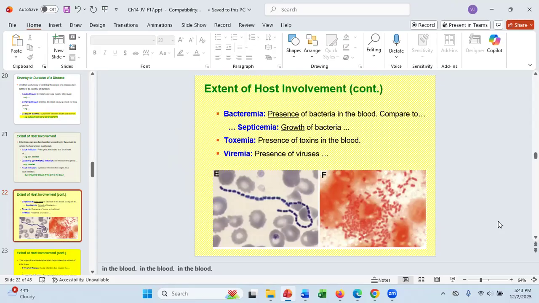So they usually use the term bacteremia when they find bacteria in the blood. But if you do a test and find that the bacteria are growing in the blood, that would be septicemia. Toxemia is presence of toxins in the blood. Viremia, presence of viruses in the blood. Any question about this?